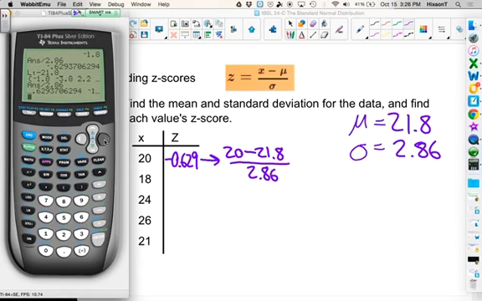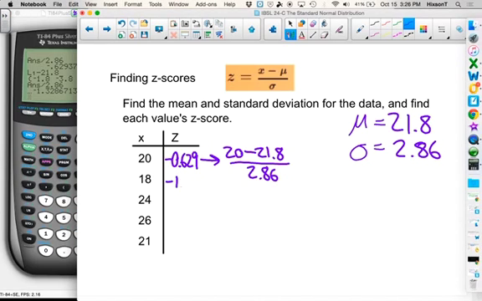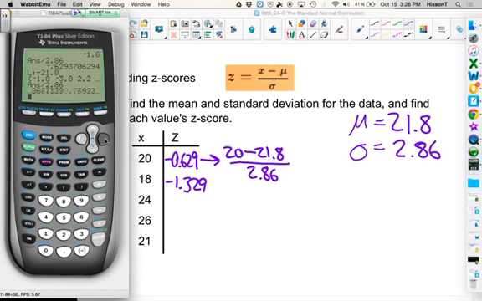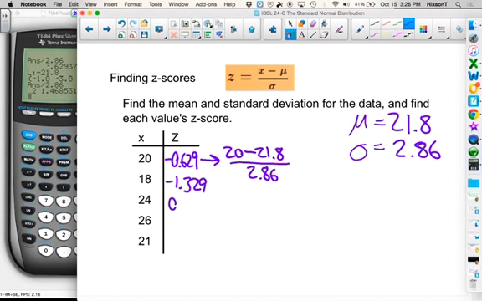And you can scroll over to see. I already had the negative 0.629. Here's a negative 1.329. Next is 0.769. Next is 1.469.